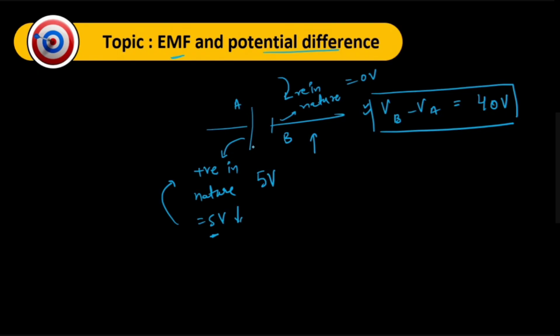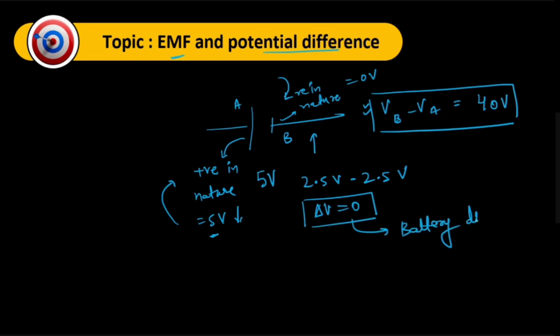But there comes a situation when both the numbers become 2.5 volts and 2.5 volts. In that case, the potential difference becomes zero, and this is the situation when we feel that our battery died. This is what exactly happens between the plates and how the potential variation takes place.